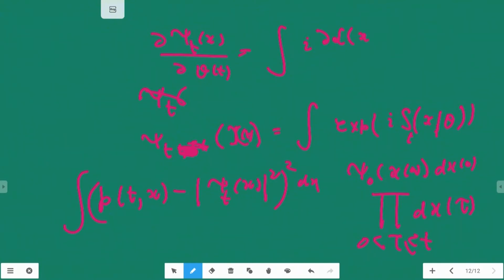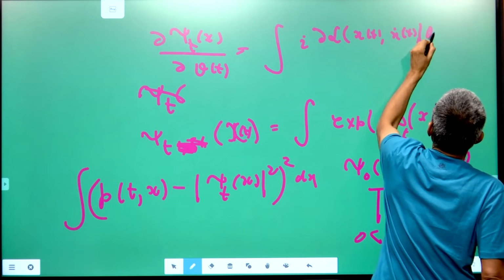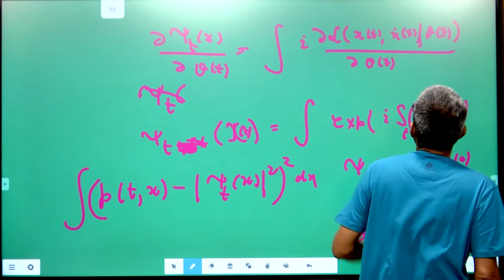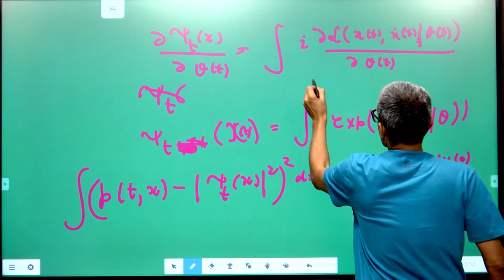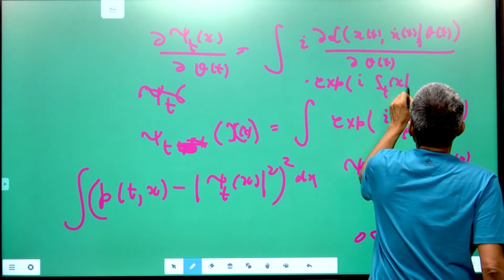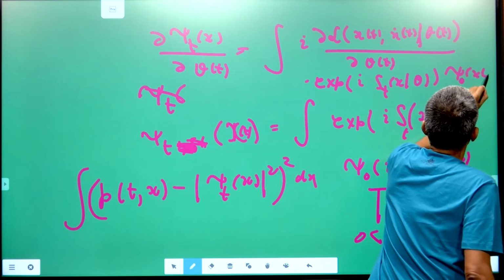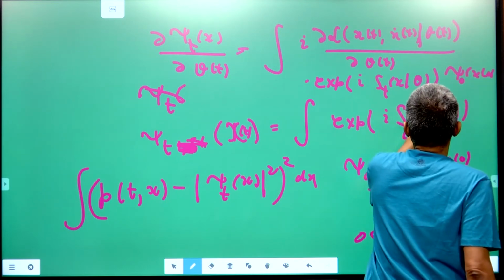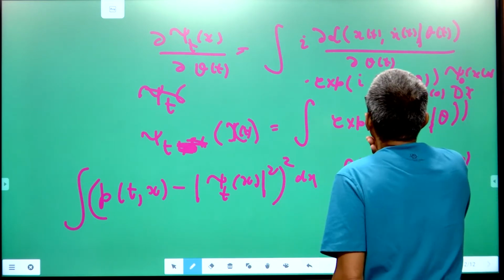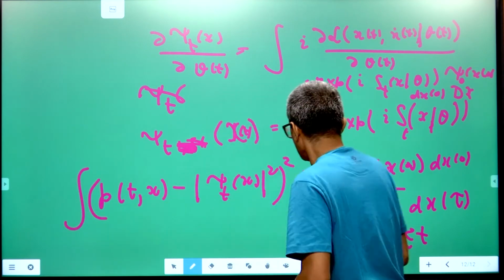So, it will be dou L of x t, x dot t given theta t by dou theta t, multiplied by exponential i S t of x given theta, and then you put psi 0 of x 0 and you put dx 0 and d of all the path up to time t. So, you can directly differentiate this and apply the gradient algorithm to this.